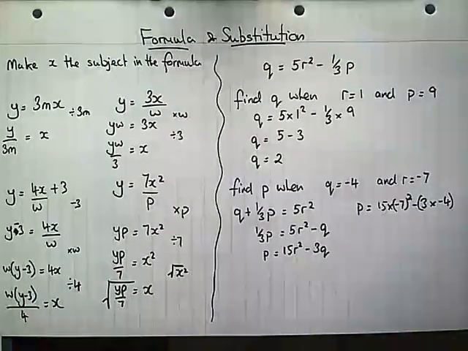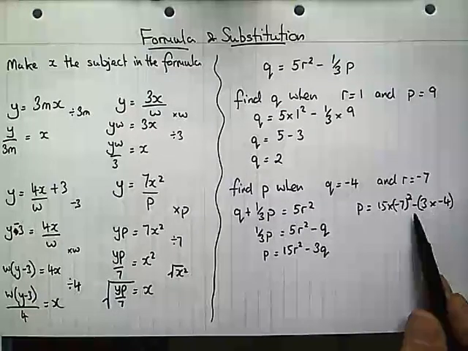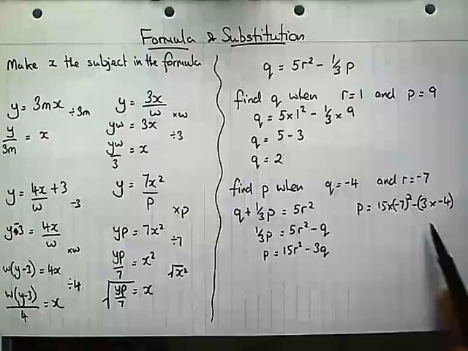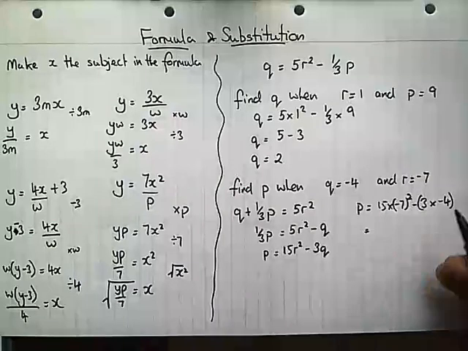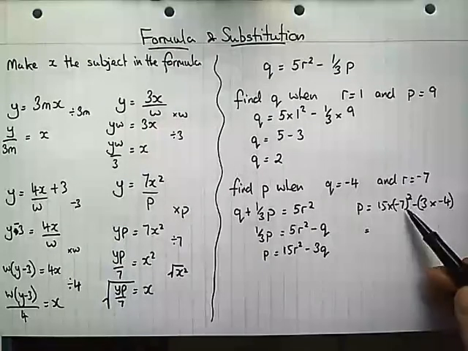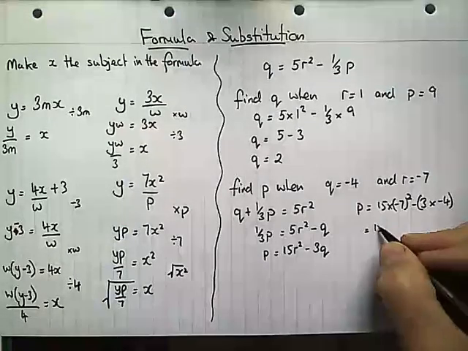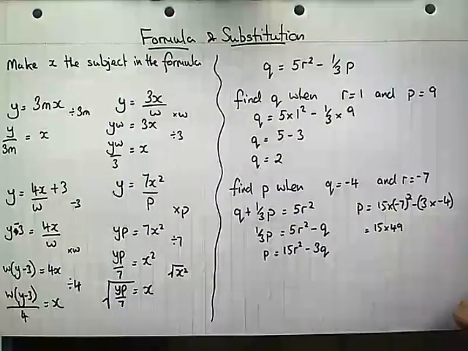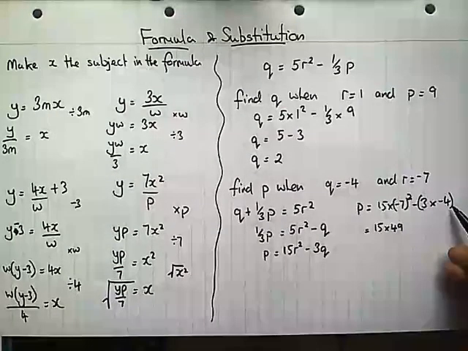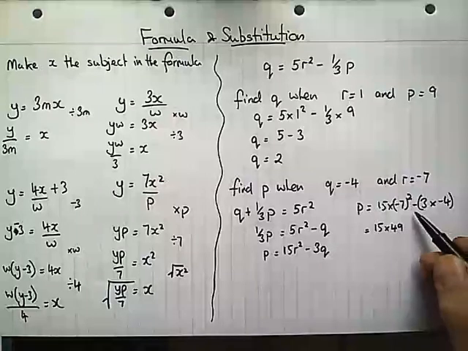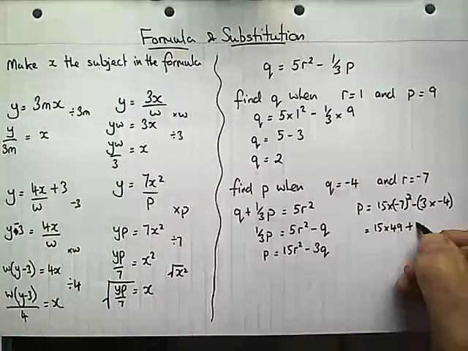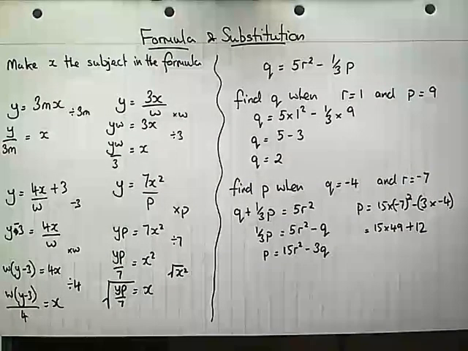I've put that in brackets because I don't want to mess around with the minuses until afterwards. So let's work out what we've got. -7 squared is 49, so that's 15 times 49. 3 times -4 is -12. Minus -12 is +12.